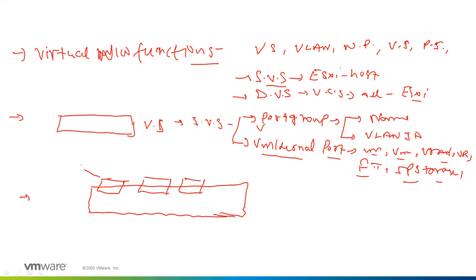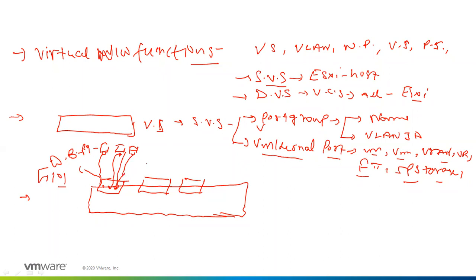For example, one port group we have created for DB. This is our DB PG, and we assign a VLAN like 101. All my database virtual servers I connect here, and virtual ports will automatically be created inside this port group.